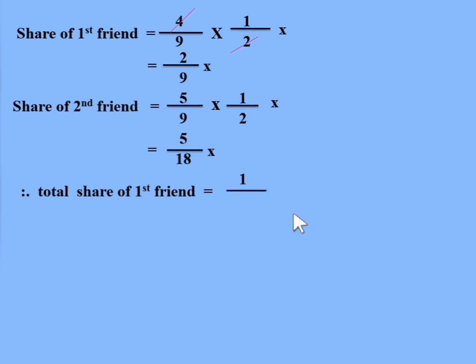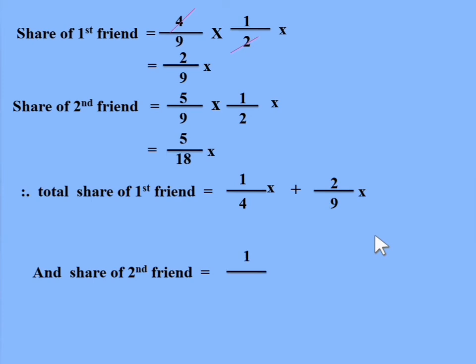So total profit of the first friend is equal to, from 50%, the first friend's share was rupees 1 by 4x and from the remaining 50% the share of the first friend is 2 by 9x. So this is the total share of the first friend. Similarly, total share of the second friend.